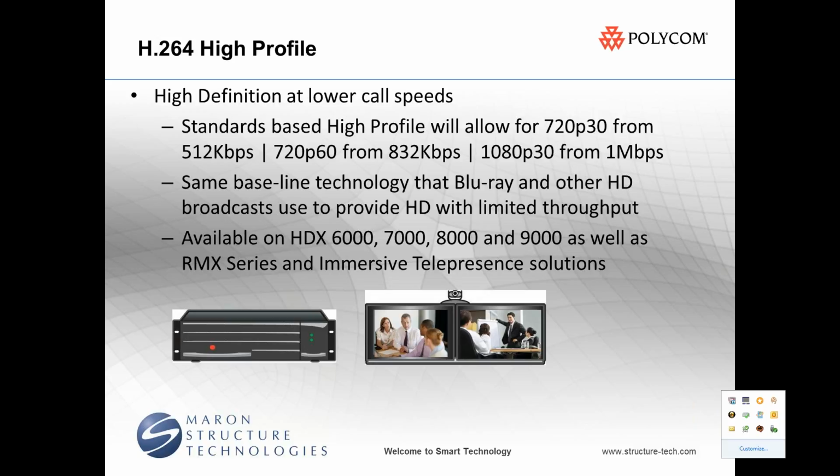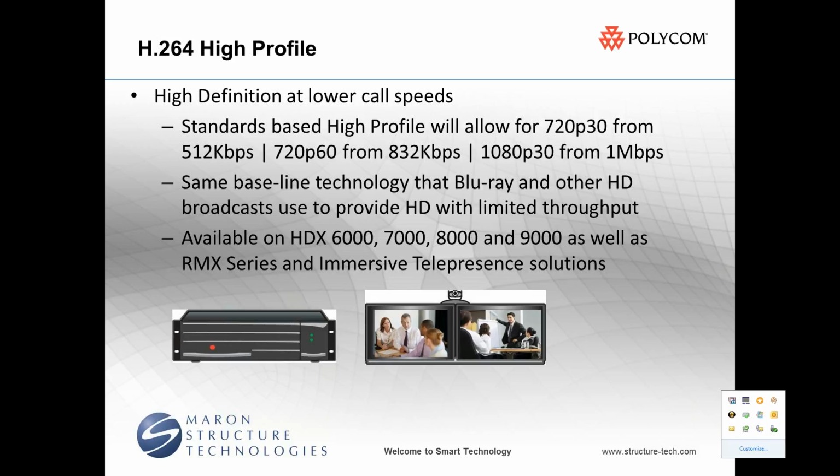So the H.264 high-def profile really was out there to make high-def possible and transmission of it possible. As you can see, one thing it's done is decrease the amount of bandwidth drastically. A 1080p, 30 frame per second video conferencing call currently will only run at 1 megabit per second.